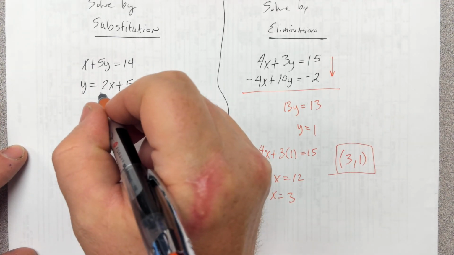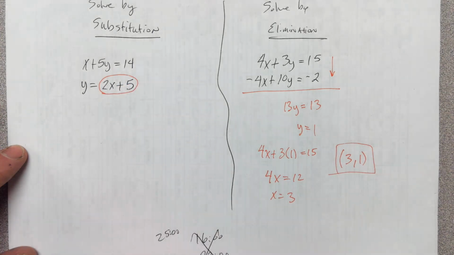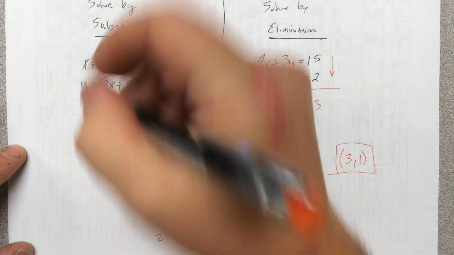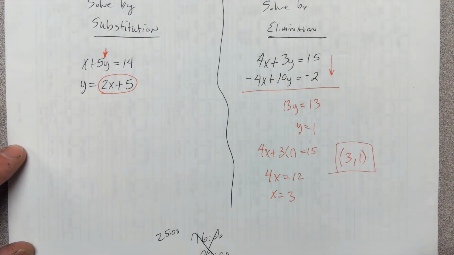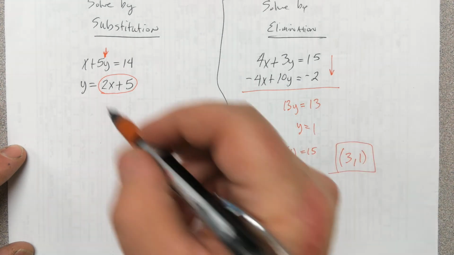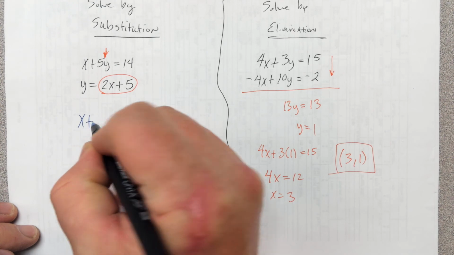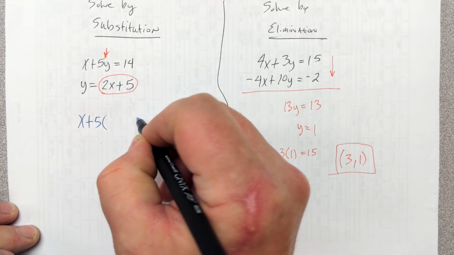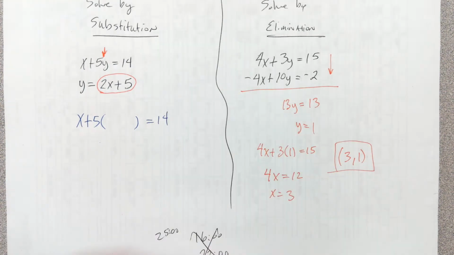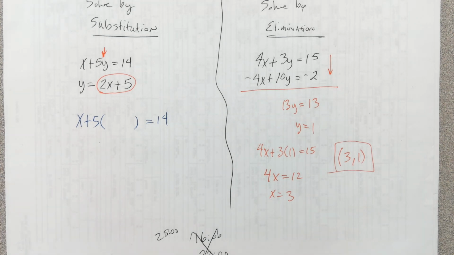We have to take, see that's what y equals. There's y right there. So all I'm going to do is substitute that in. Sonia, do you see what I did?